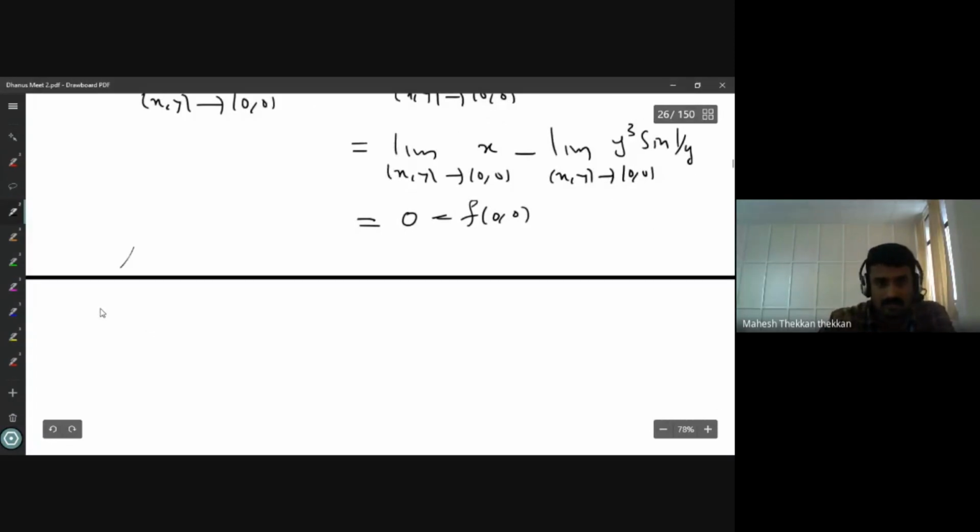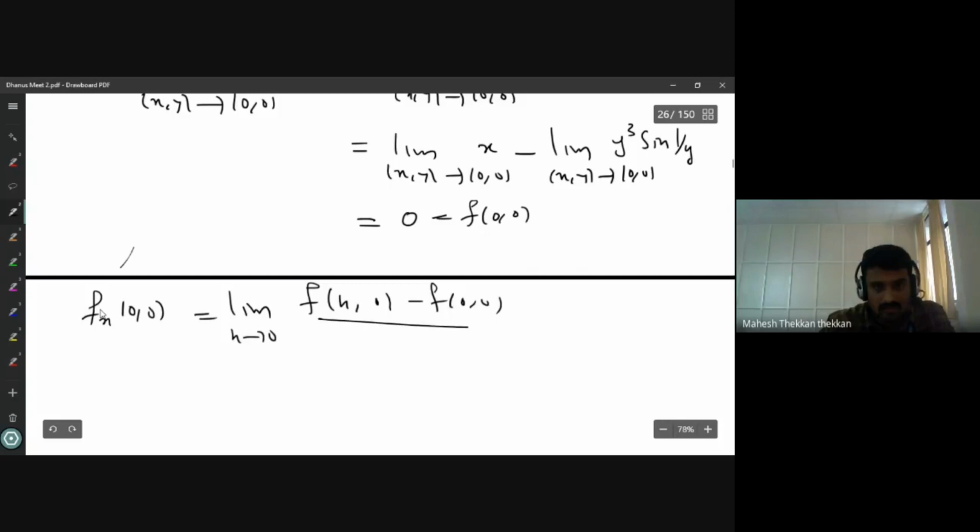Whether f_x exists at (0, 0). What is f_x at (0, 0)? It is the limit as h tends to 0 of (f(h, 0) minus f(0, 0)) by h.